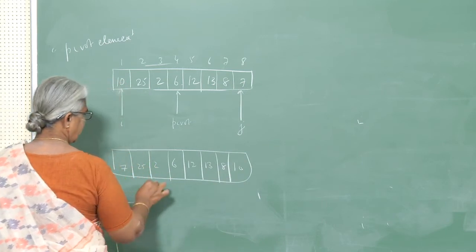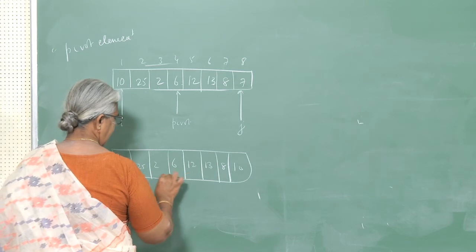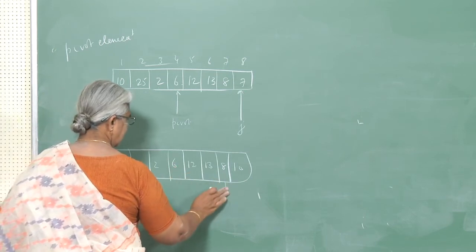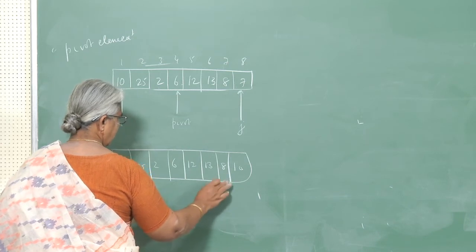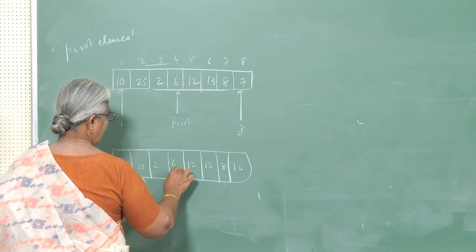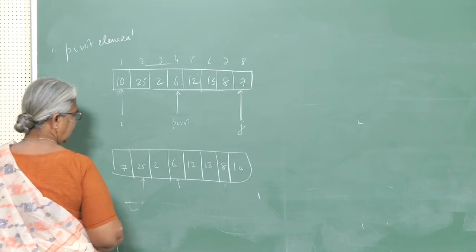Okay. Next, I move forward: 25 is still larger than 6, and 8 is also larger than 6, so I ignore this. I keep moving forward, and what do I find here? Actually 6 is not smaller than 6, but it is not larger than 6 either.